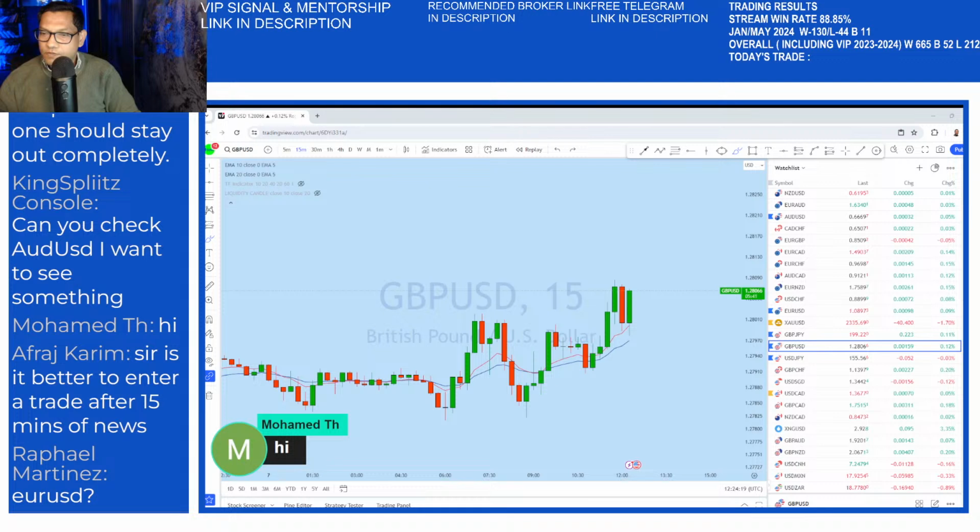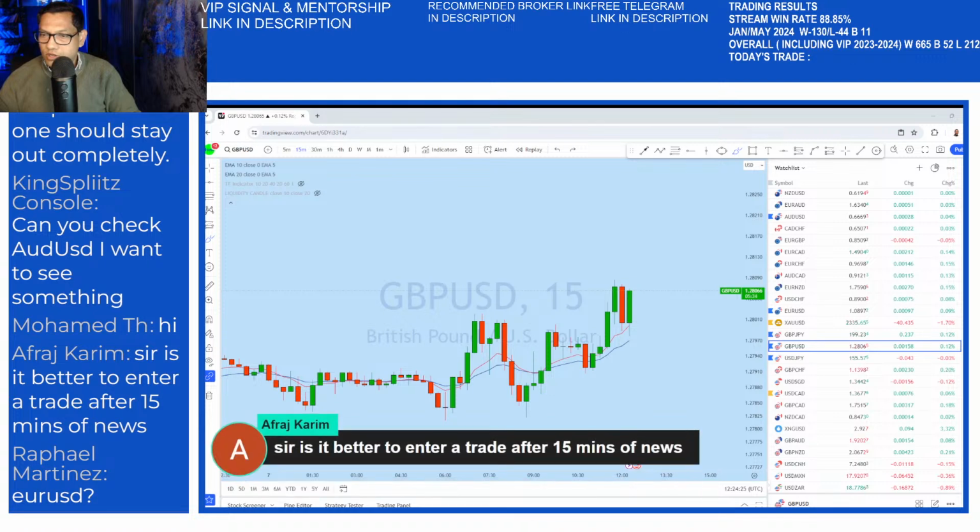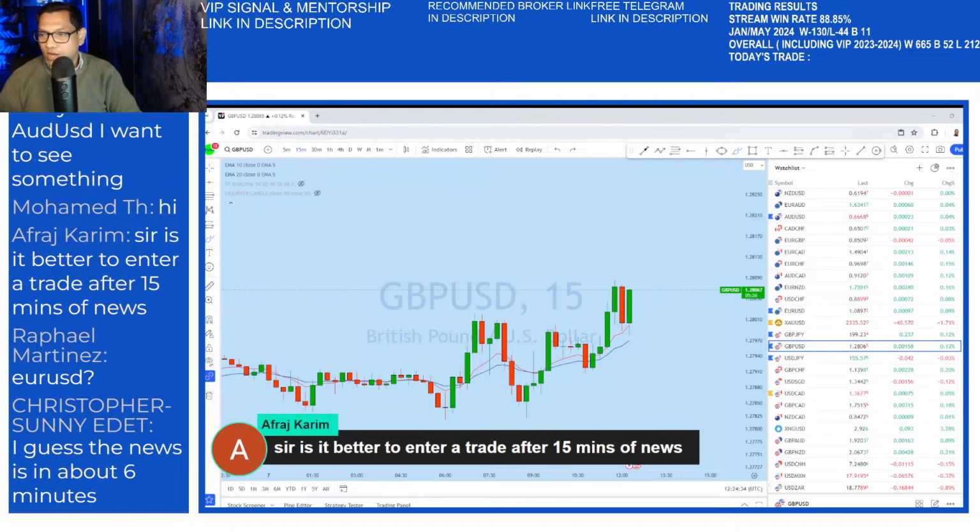Is it better to enter a trade after 15 minutes of news? There is no specific time frame for when you can or cannot enter, as long as the market settles. With the news there is a spike and a spread widening.